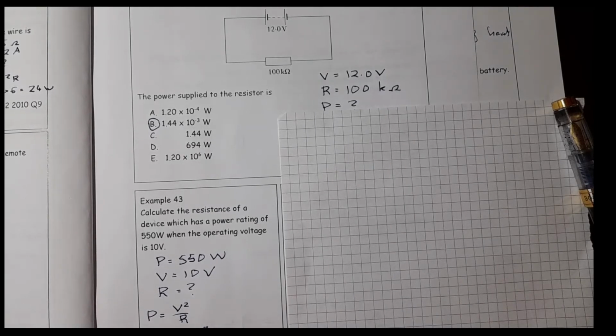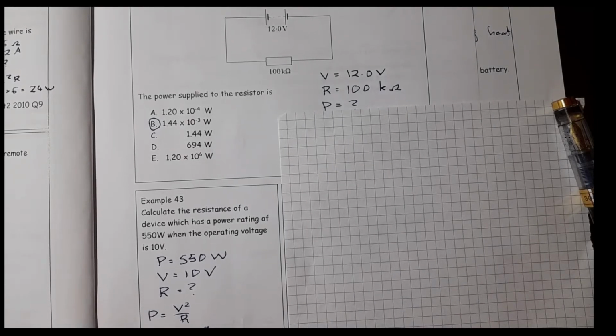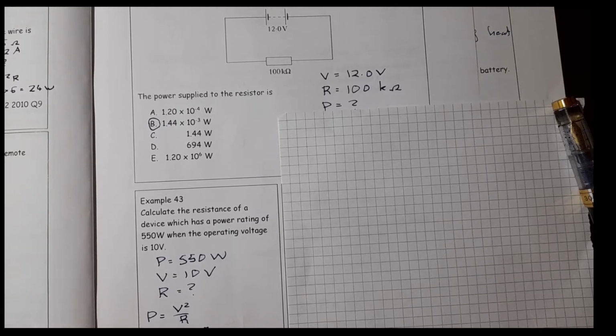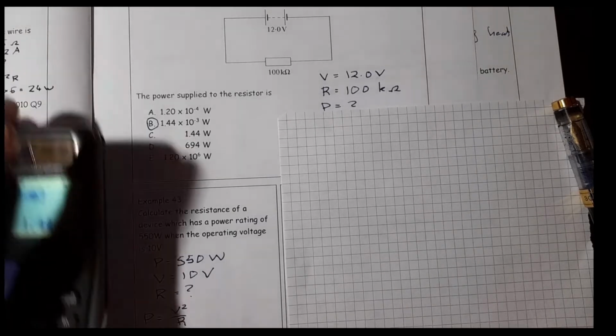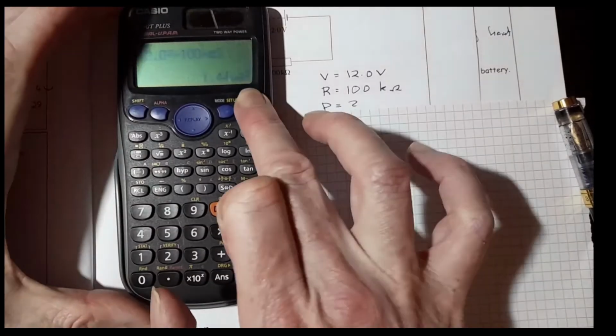So to rearrange this equation, we're looking at cross multiplication. So you're going to swap the 550, which is on the left side of the equation, with the R, which is on the bottom of a fraction on the right. And that will give you R equals 10 squared divided by 550. So let's have a look at what that calculation comes out as.